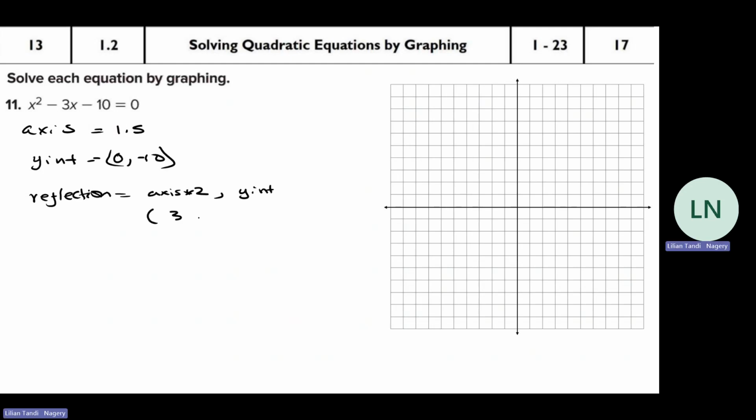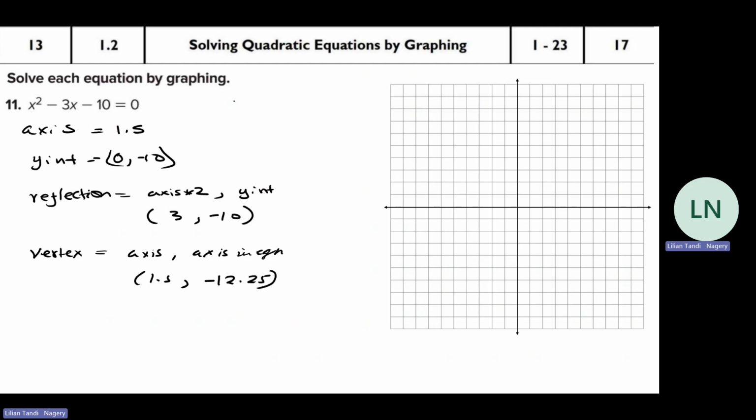So that's 3 and -10. And then my vertex, what's my vertex? My axis and axis in equation. My axis was 1.5. And when I plugged that into the equation, I got -12.25.